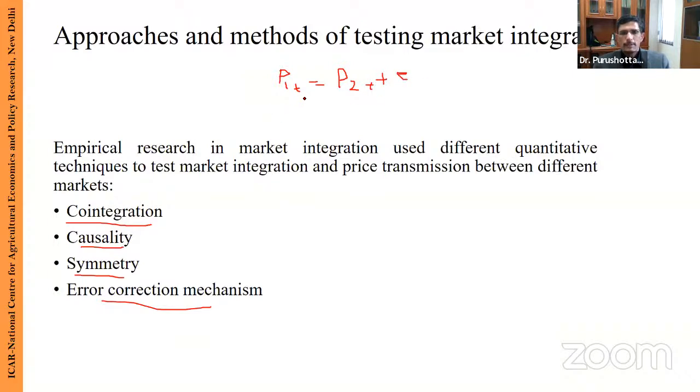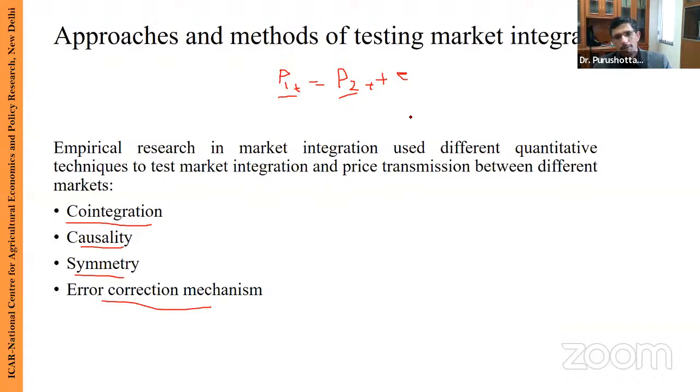This is a relation which we are going to test, for prices of a commodity in two spatially separated markets.